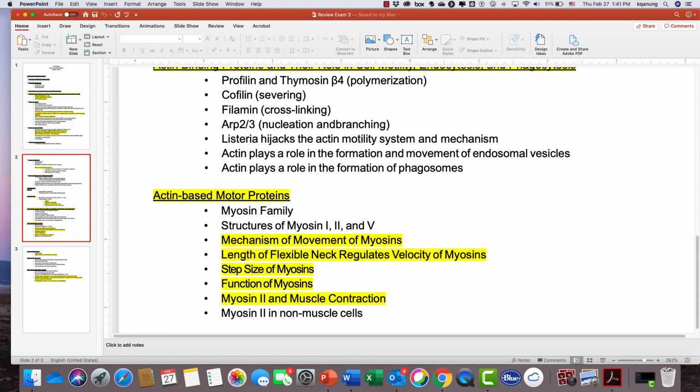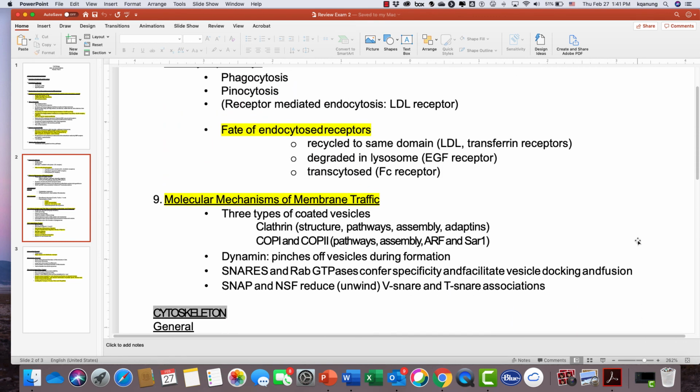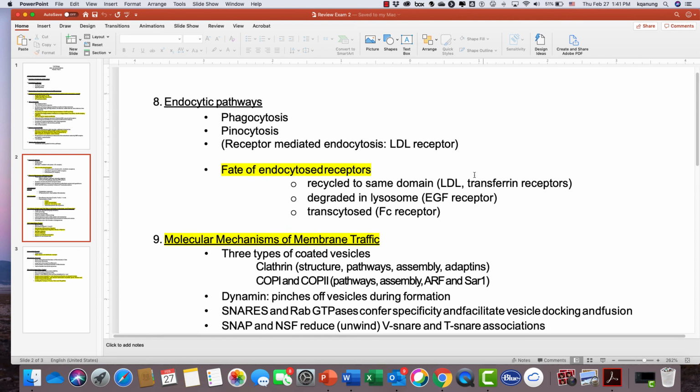All right, so right here, this is important. The fate of the endocytosed receptors: remember that your LDL and the transferrin receptors are recycled. You can argue that if the receptor goes bad at some point, it will of course go, but for almost all intents and purposes your LDL and transferrin receptors are recycled.